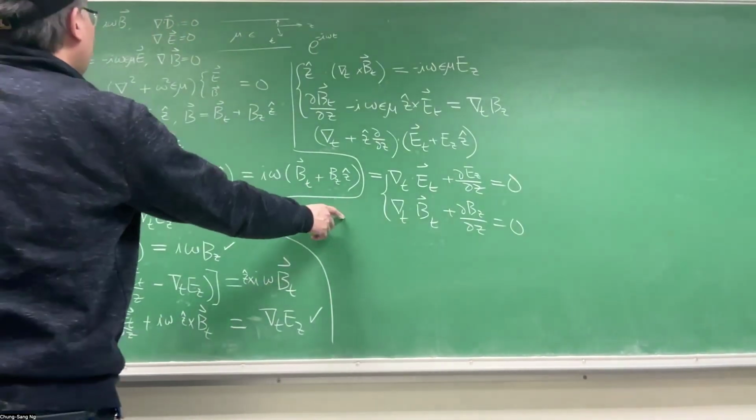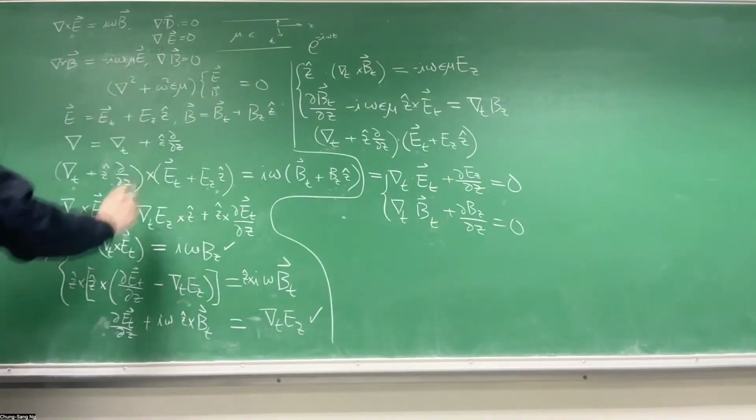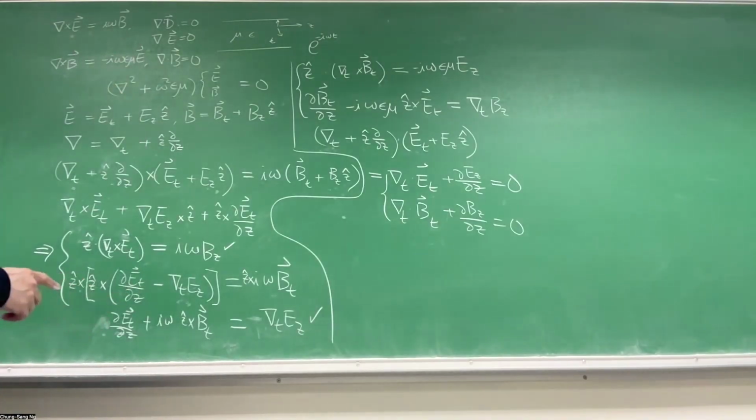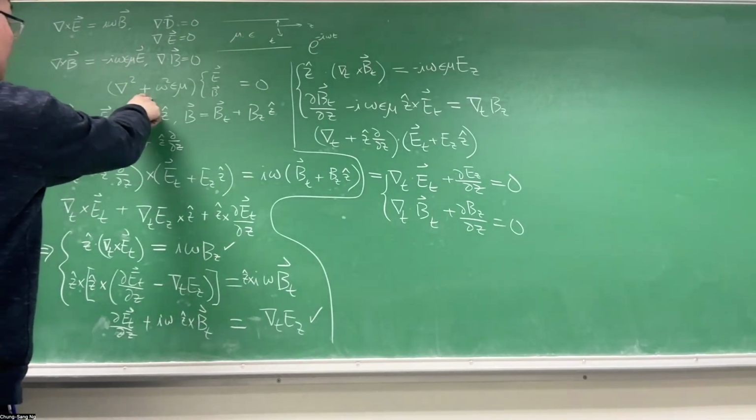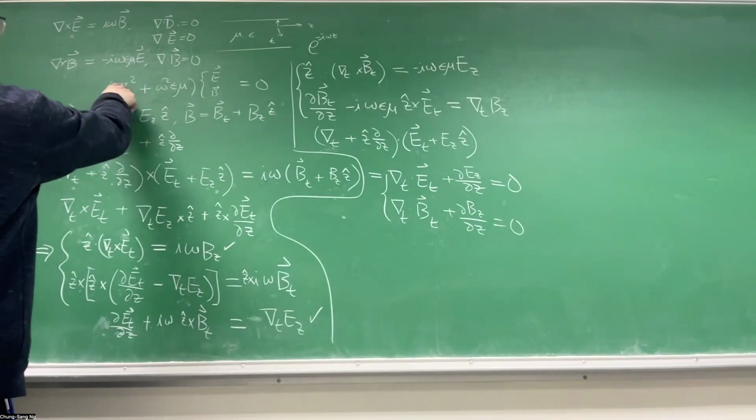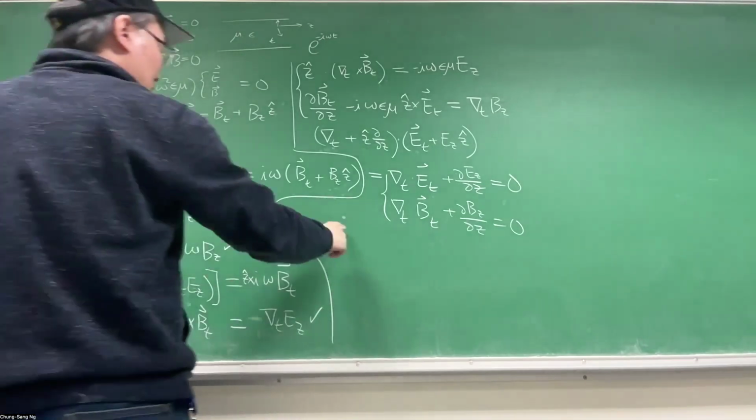So these are the Maxwell equations. We now convert those Maxwell equations by separating the z component and the transverse component. Okay, and now the wave equation is actually easier because you have the gradient.